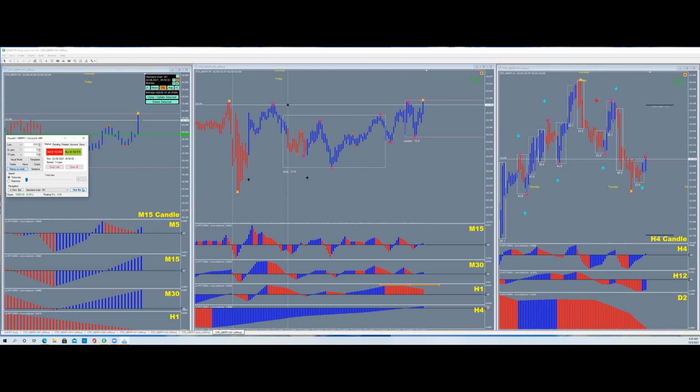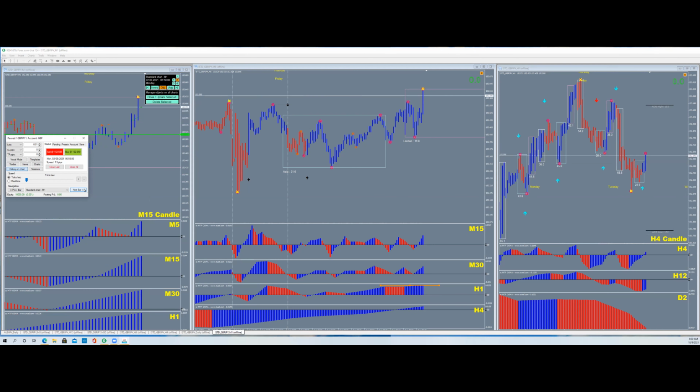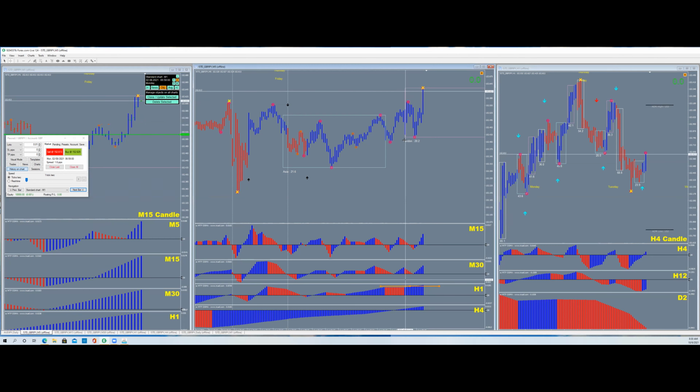So let's see when the actual 1 hour kicks in. You're about 4 pips on that trade. Now the 1 hour kicked in. So as you can see, the 1 hour really was set up to go somewhere in here.